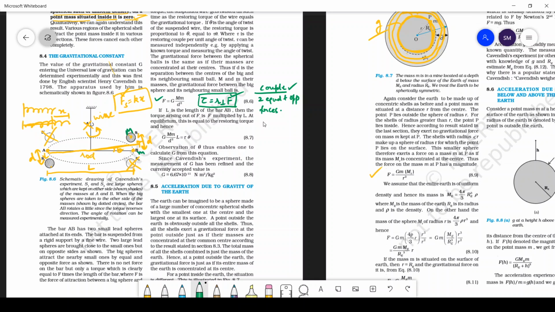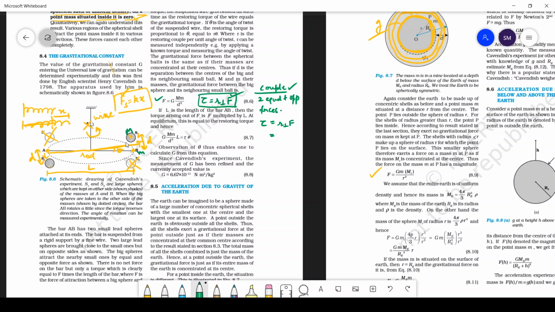So what is the torque of the couple? The torque of the couple is the perpendicular distance between the forces, which is L, times the magnitude of one of the forces.